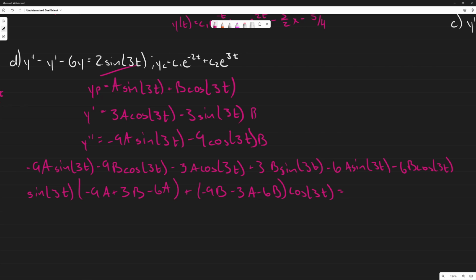And that is equal to 2 sine of 3t. So because it's equal to 2 sine 3t, that means this part must be equal to 0, and then this part must be equal to 2.